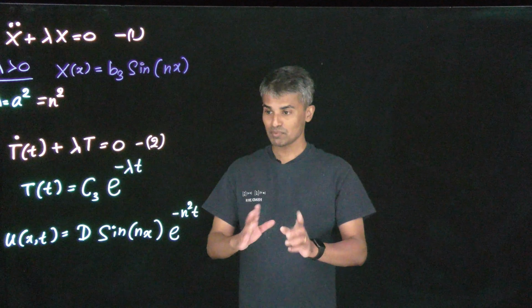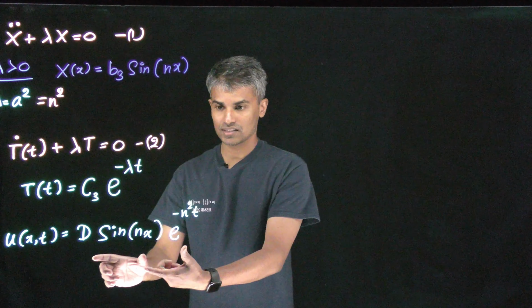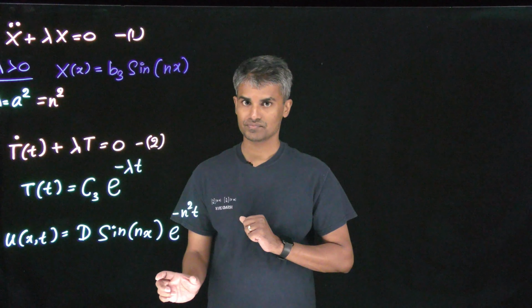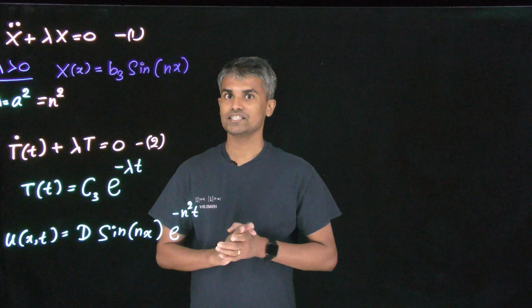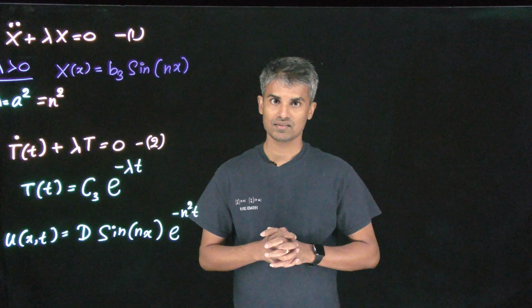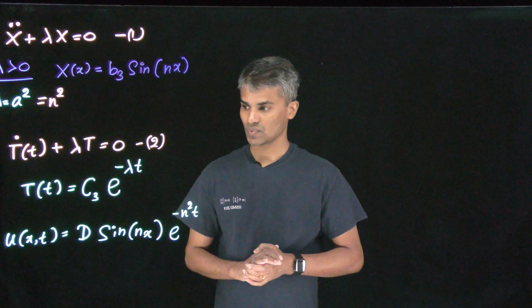Okay, but remember, the solutions that we have now satisfy both boundary conditions, but we never used the initial condition. Now let us try to use the initial condition to figure out the value of d.